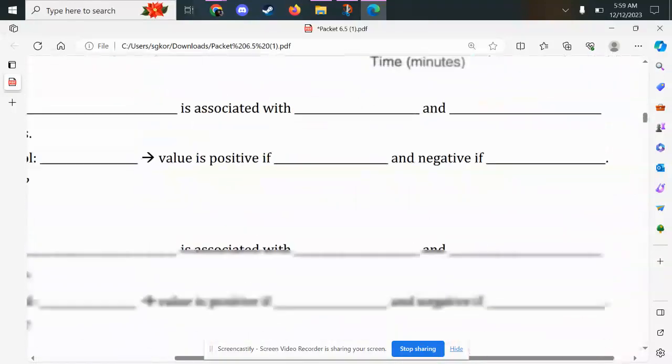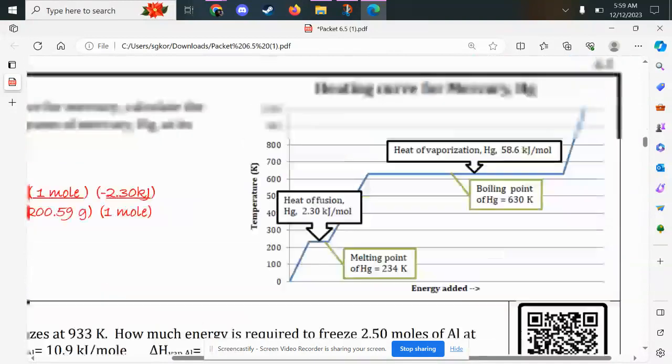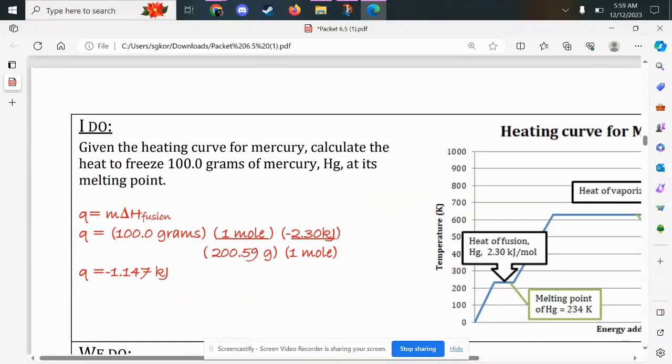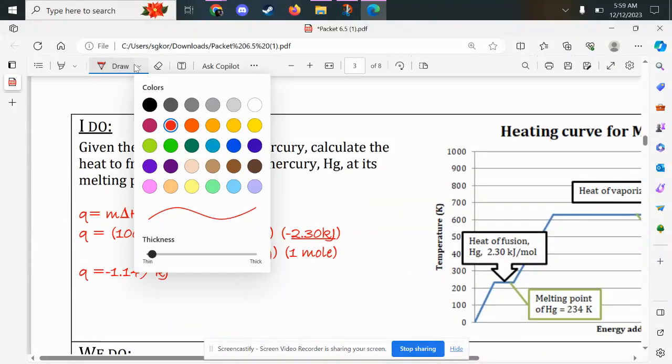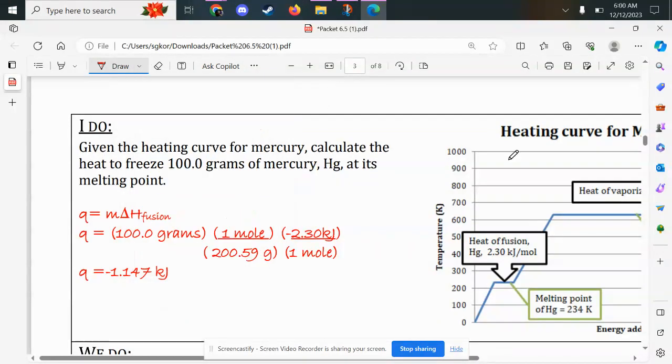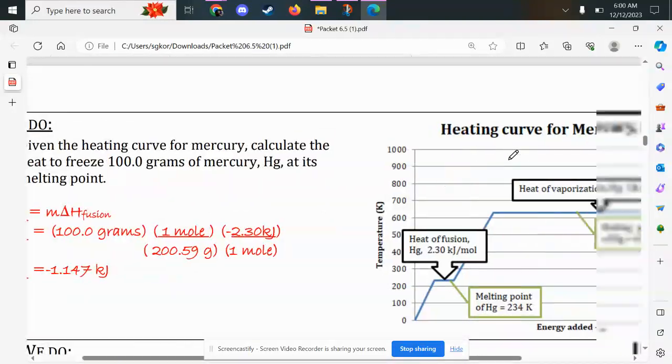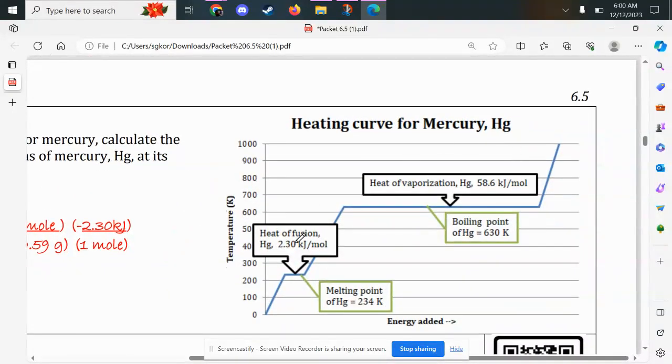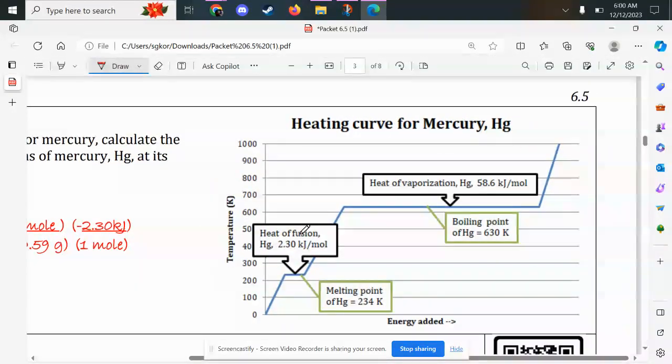Now, let me show you an example of how that might happen, and I'm going to actually go through this I do problem with you guys. So if we look at this phase diagram, I'm just going to explain it. Okay, if we look at this diagram, they're giving us the values.